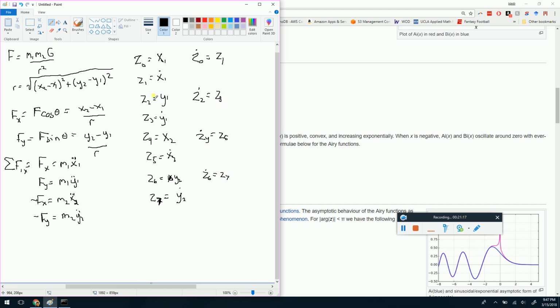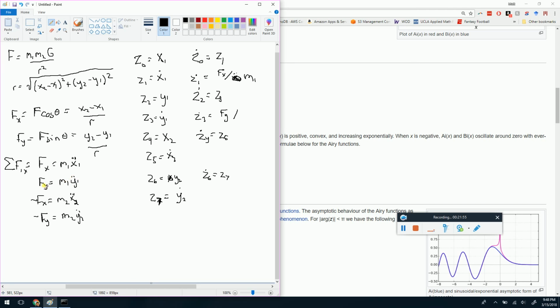Okay, let's do the harder ones. Z1 dot is equal to x1 double dot, which is just Fx over m1. Z3 dot is equal to Fy over, oops, this is wrong, Fx over m1, right? Because x1 double dot is equal to Fx over m1. All right, and same thing for y.